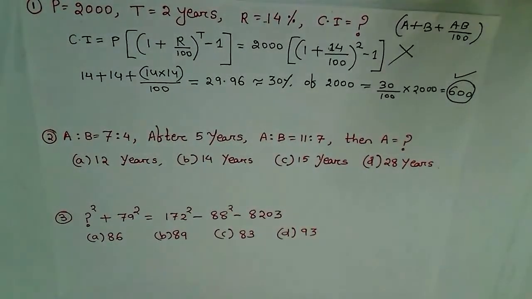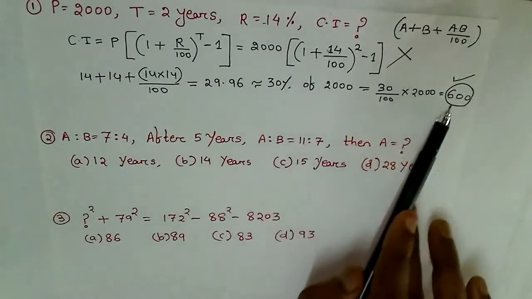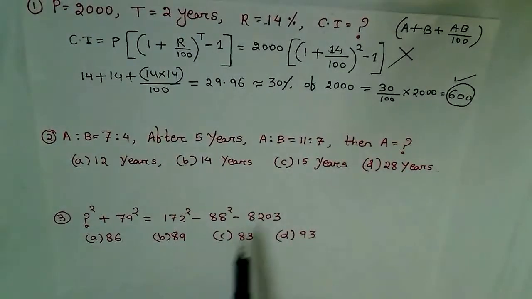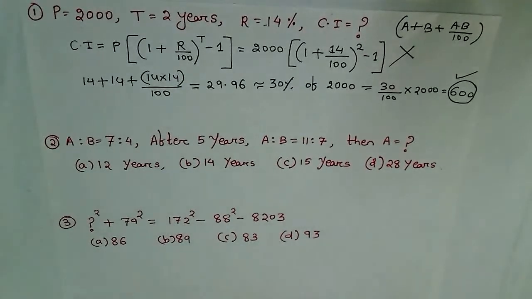If you are good at it, within 30 or 40 seconds you will get the answer. So the compound interest is 600. We can see that without applying the complex formula and without complex calculation, we can very easily get the solution. And if the amount of calculation is less, then believe me, there is less probability of getting a wrong answer.